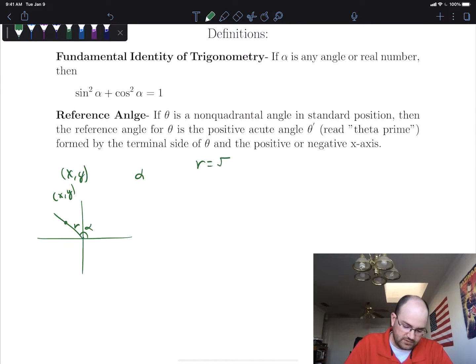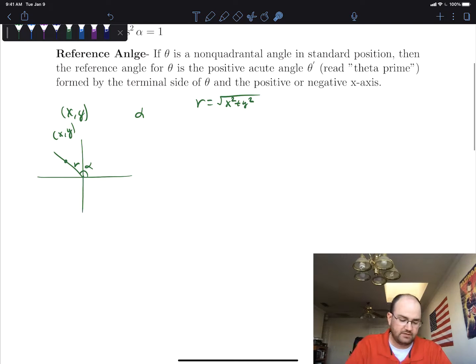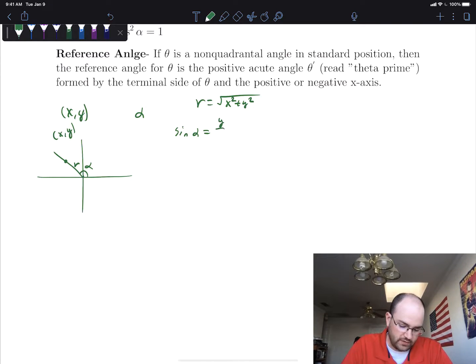So r is the square root of x squared plus y squared. Now, we've defined sine alpha as y over r, and we've defined cosine alpha as x over r.